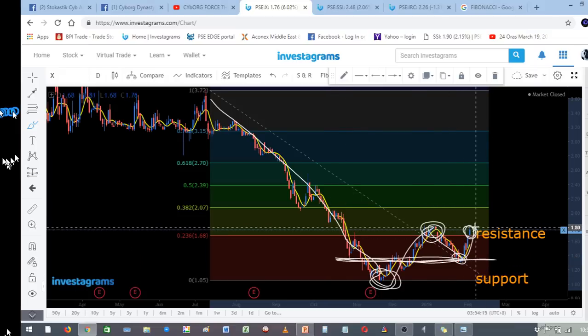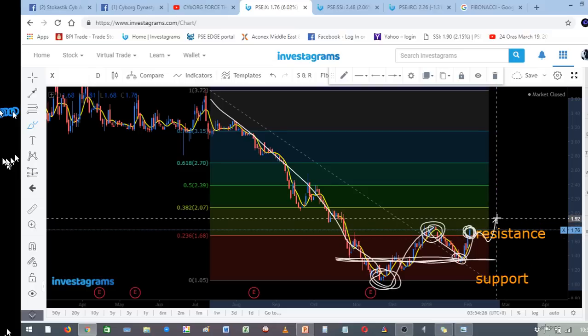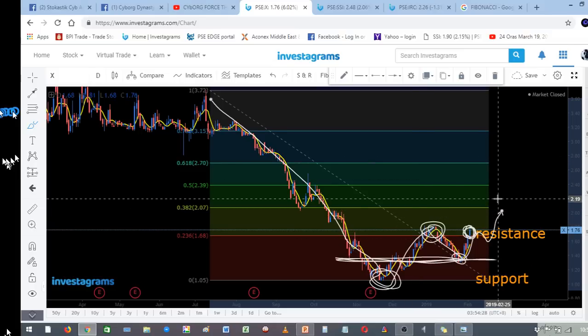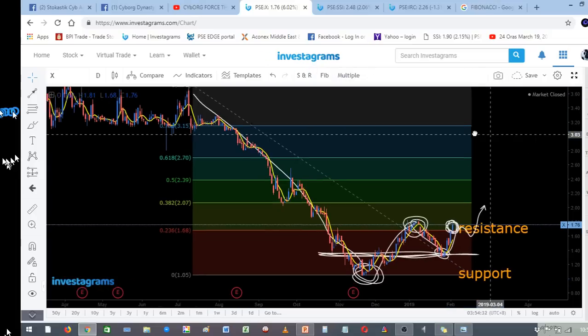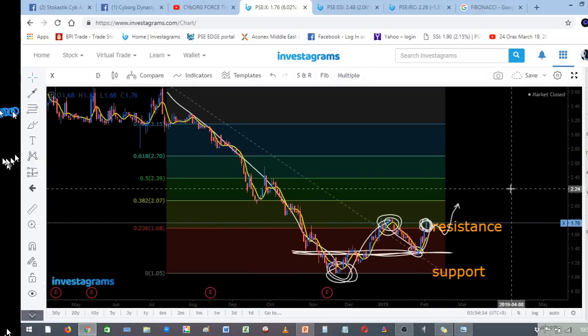So definitely we don't know what will happen to this stock. It can go down, or it can move up in an uptrend position. That is what the Fibonacci retracements explain.